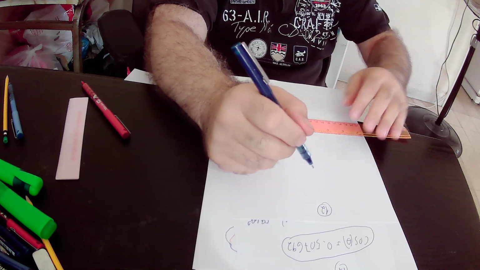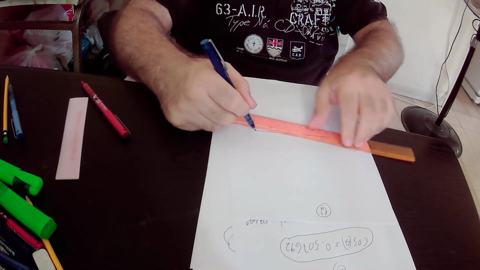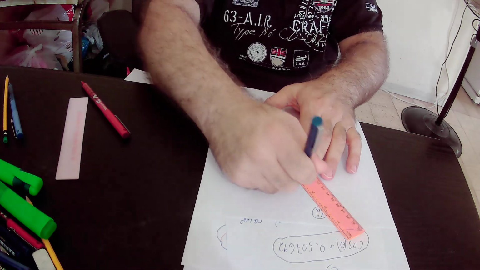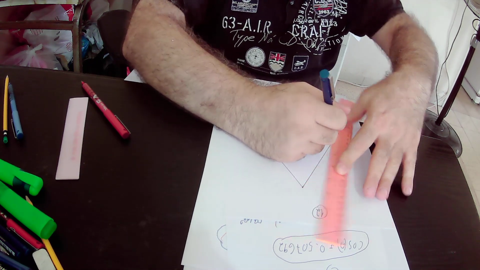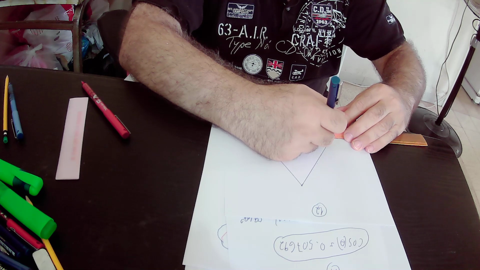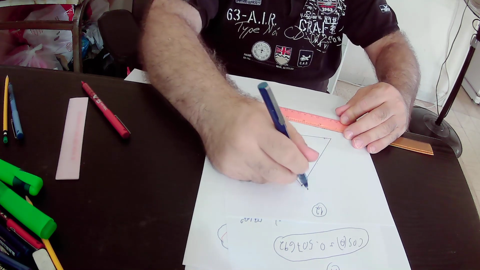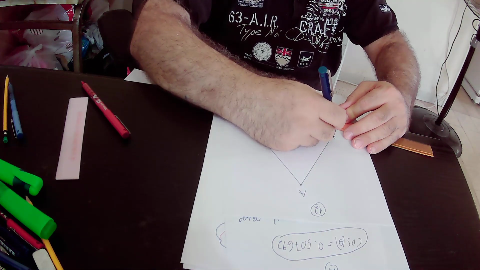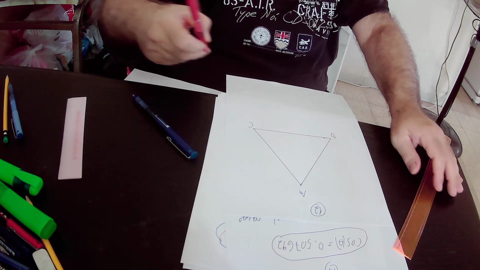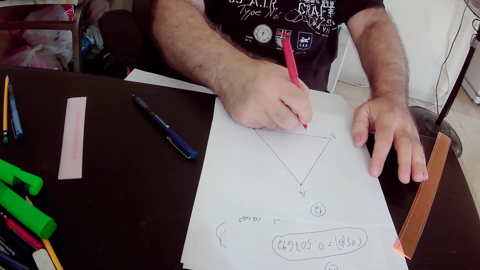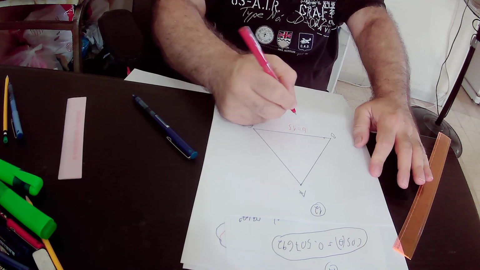We know that in triangle ABC, BC equals B, that equals 15 units.